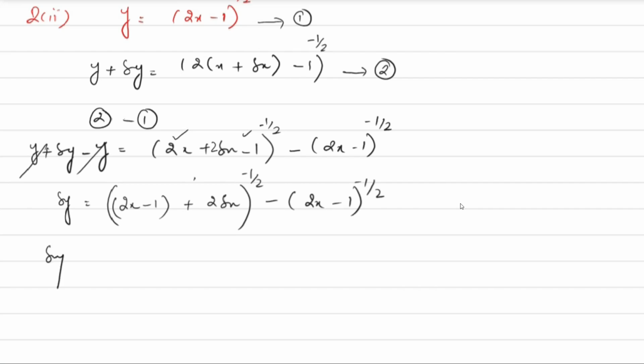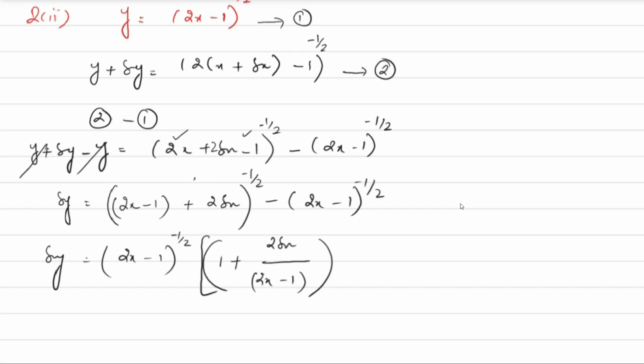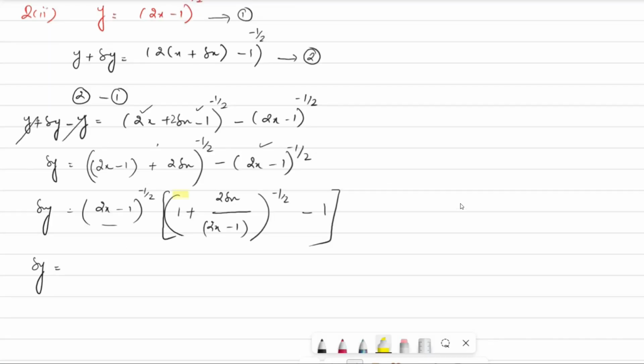Here we can take (2x minus 1) whole raised to the power minus 1 upon 2 common. So the remaining will be (1 plus 2 delta x by 2x minus 1) whole raised to the power minus 1 upon 2 minus 1, since we have taken this one common, so it would be minus 1 over there. Fine. In the previous question as well, we have opened this expression by binomial theorem.